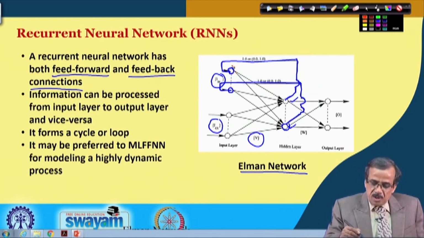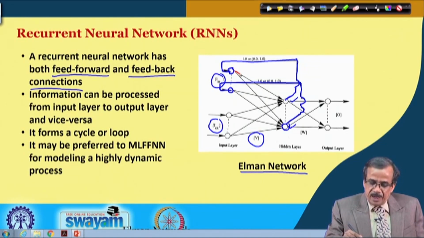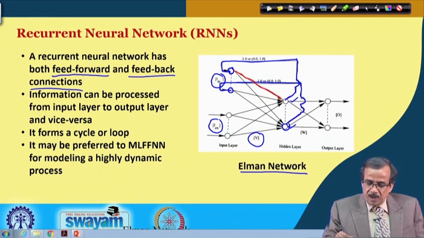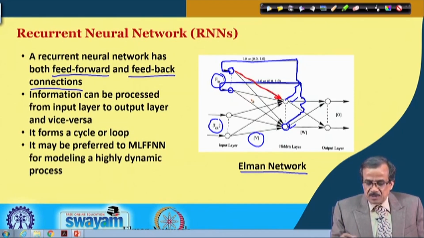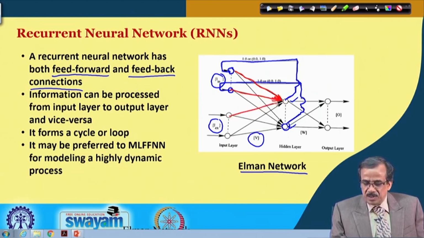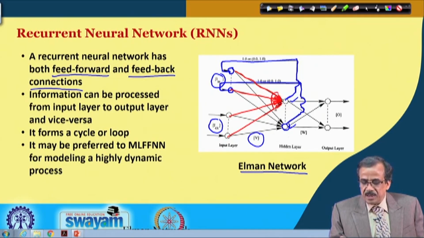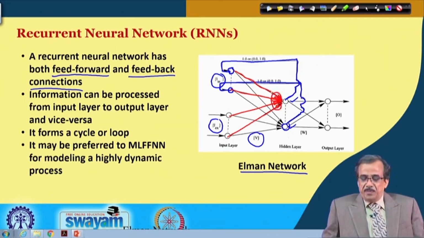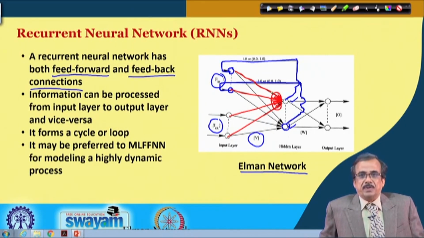This feedback is allowed to come here, and this feedback will be coming here, and of course we have these circuits also, and here we will be getting the combined input for this hidden neuron.